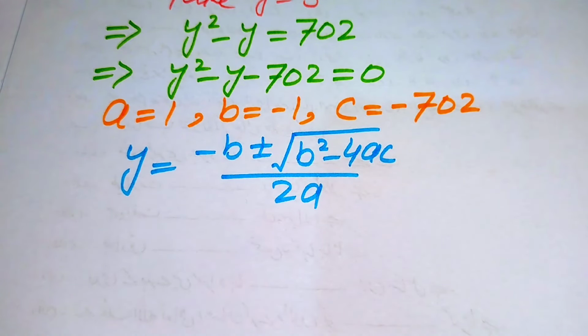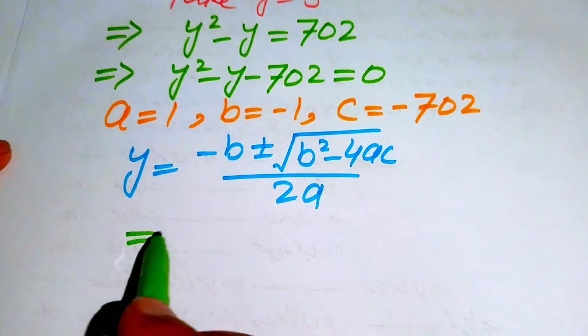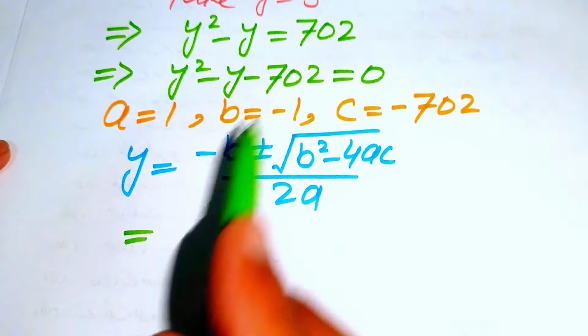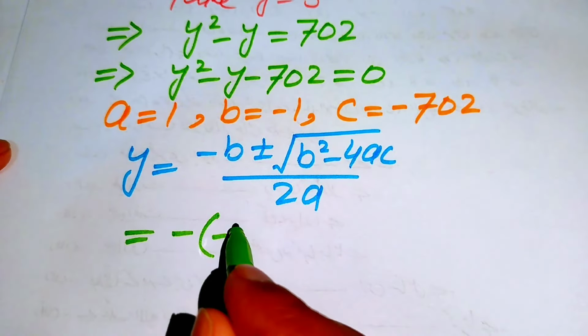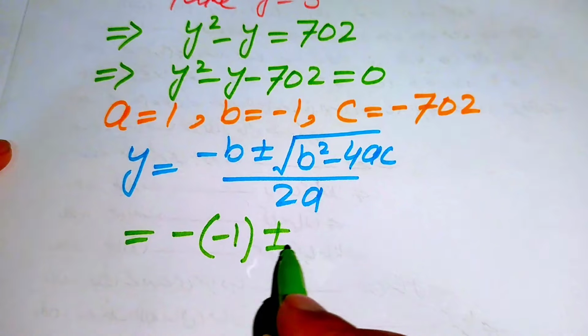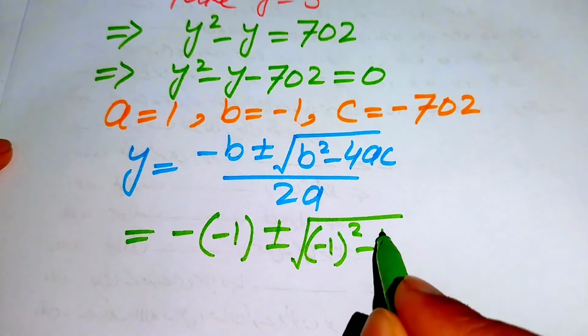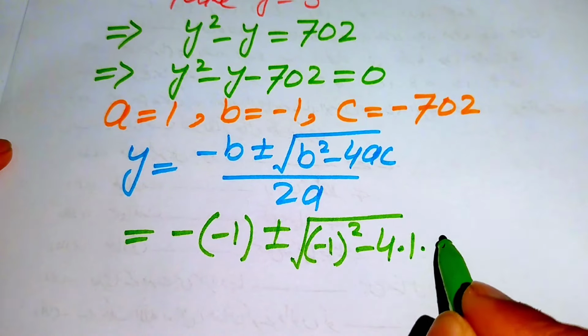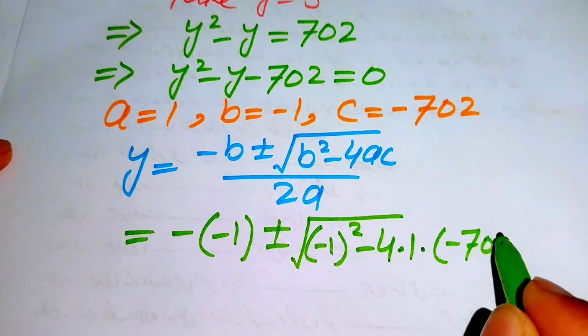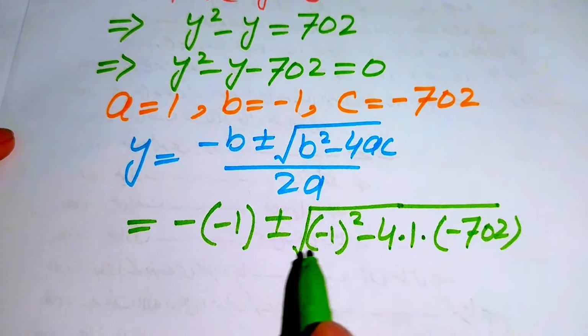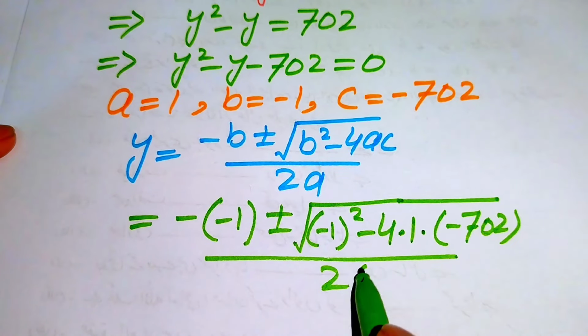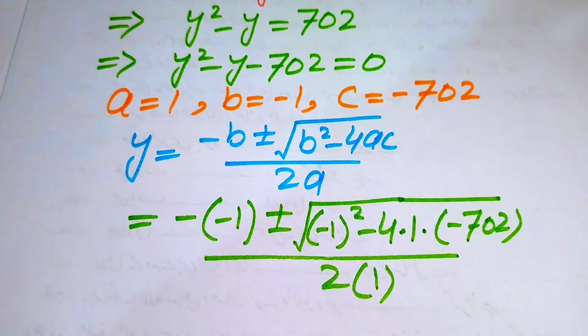Now we substitute the values of a, b and c: minus b, where b is minus 1, plus minus square root of minus 1 squared minus 4 times a, which is 1, times c, which is minus 702, and this whole divided by 2 times a, which is 1.